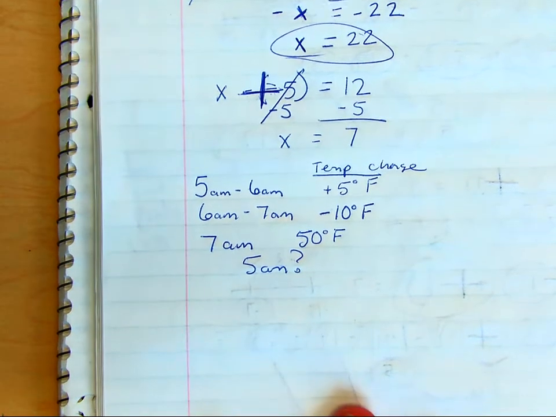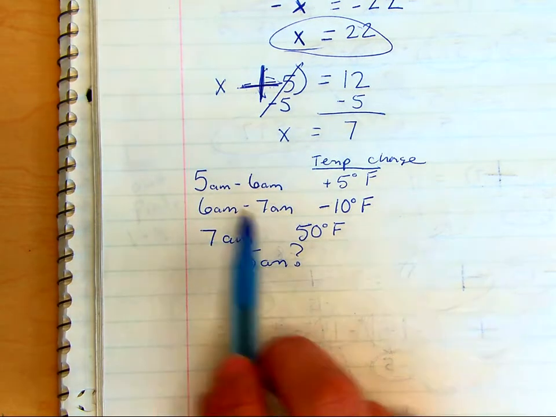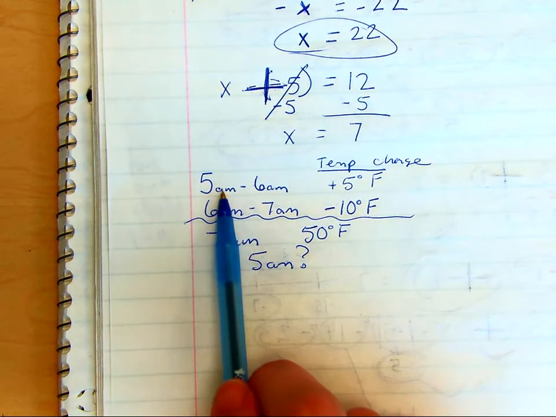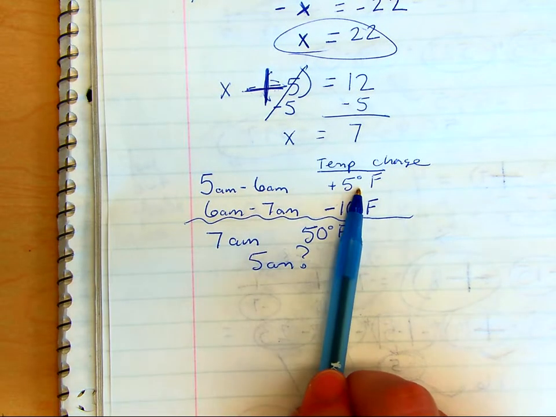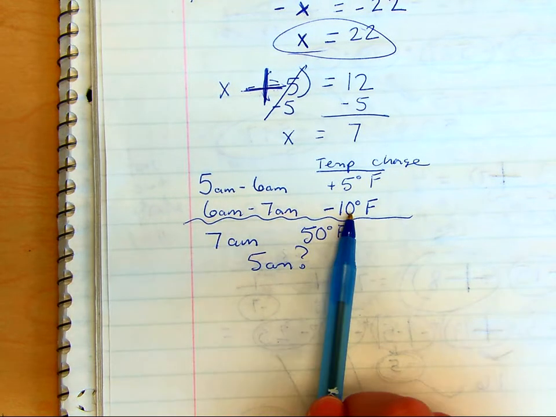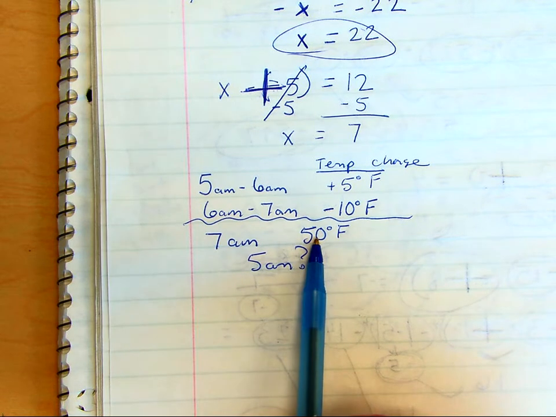Okay, so there's multiple parts to this. It's giving us information about the temperature change from 5 a.m. to 6 a.m. It went up 5 degrees. But then a storm came in, and from 6 to 7, it went down 10 degrees. At 7 a.m., it was 50 degrees.